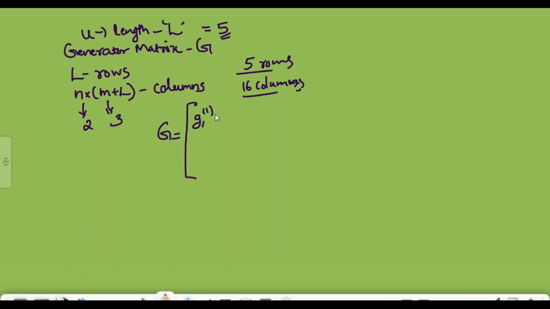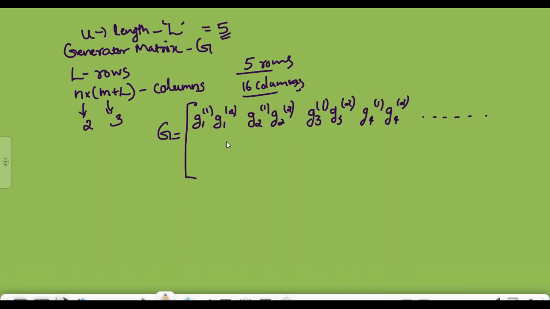G11, G12, then G21, G22, G31, G32, G41, G42. Then here the zeros I will say.